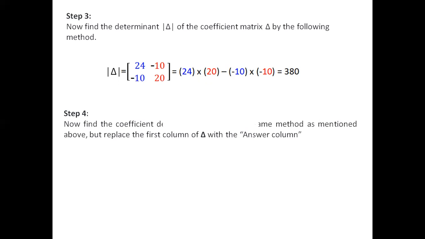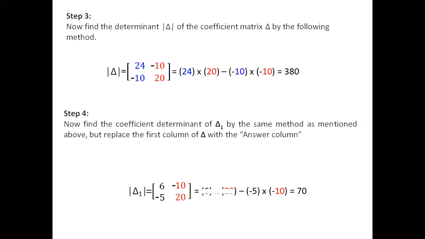Next step, we need to find delta 1. Here we replace the first column with the right-hand side values, because we need to find I1. So remove 24 and minus 10, and replace with 6 and 5.